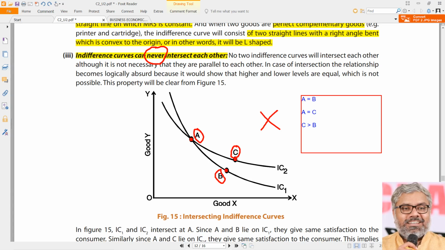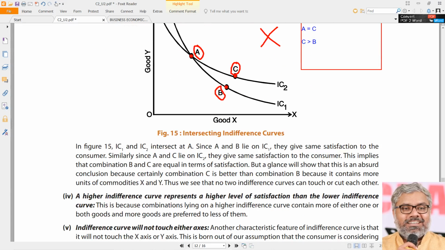Hopefully we understood that. Also we have to keep in mind that it is not necessary that they are parallel to each other. That is not what we are talking about. We are only telling here that indifference curves cannot intersect with each other. That's it. To that extent only we have to understand, not beyond that. Why? Already we have discussed that.